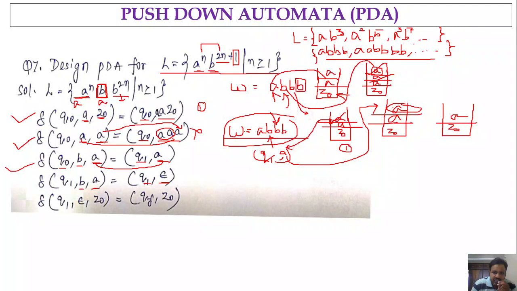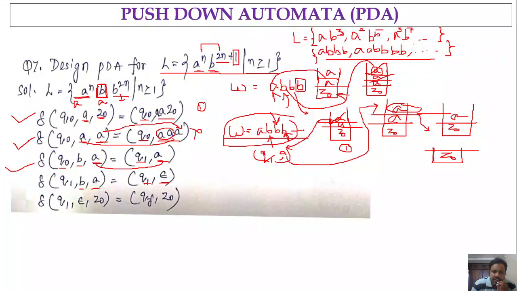The next input is b again, and the top of the stack is a. So with input symbol b and top of the stack a, we go to the state q1 itself, and we are not pushing anything. We are simply performing the pop operation. So the stack content will be z naught only.